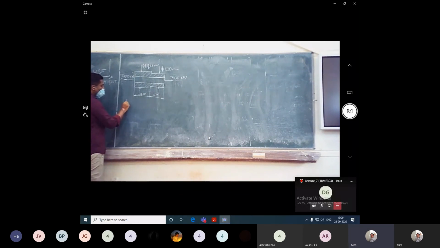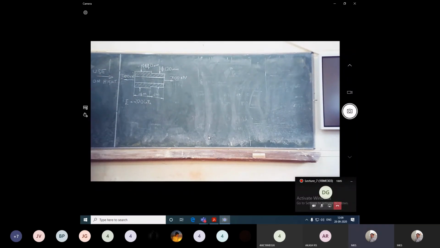They have given modulus E. E is 200 gigapascal. Giga in the sense 10 power 9.